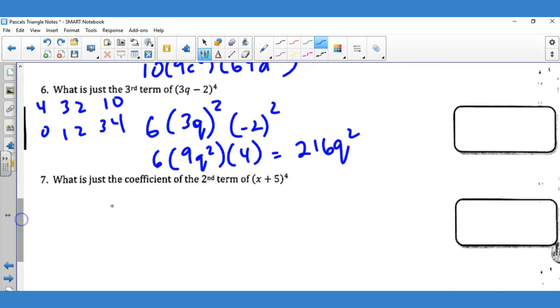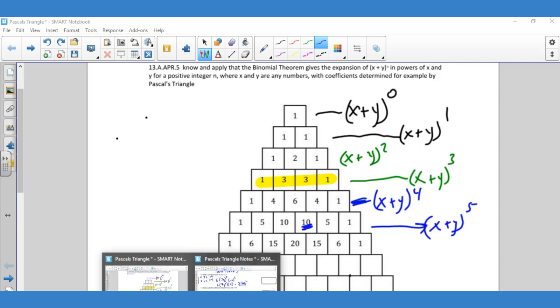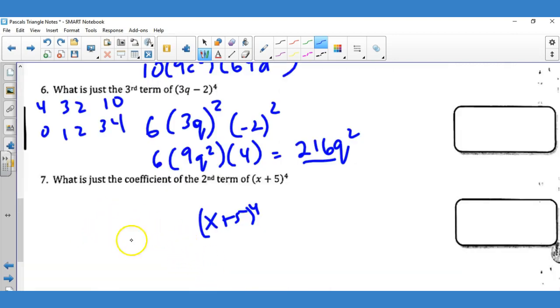Now, what is just the coefficient of the second term of x plus 5 to the fifth? So they want just the coefficient, x plus 5 to the fourth. Well, again, this is the fourth. So the second term, look back at your triangle right here. 4. The second coefficient. So we're going to do 4 times x.